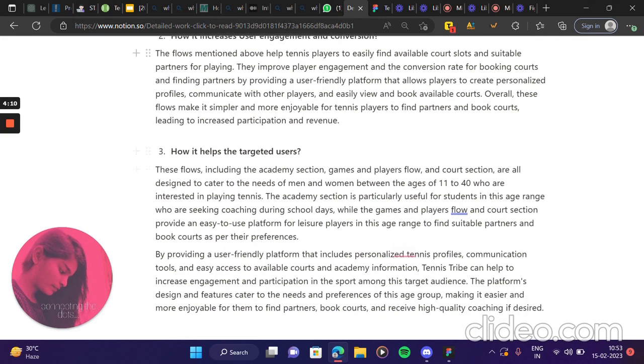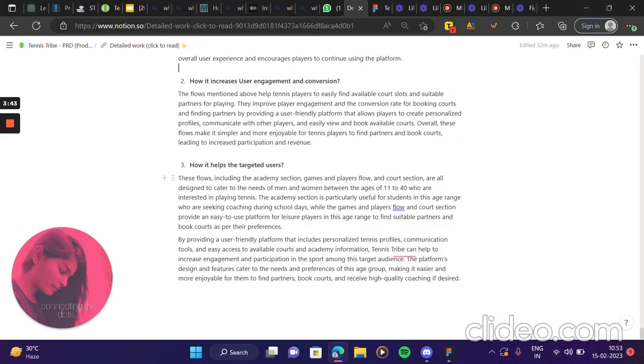And how it helps the targeted users: these flows, including the academy section, games and player flow, and coach section, are all designed to cater to the needs of men and women between the ages of 11 and 40 who are interested in playing tennis. The academy section is particularly useful for students in that age range who are seeking coaching during school days, while the game and player flow and coach section provide an easy-to-use platform.